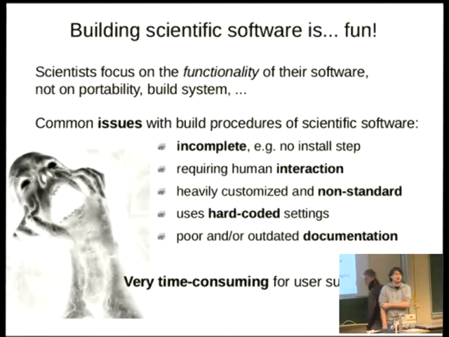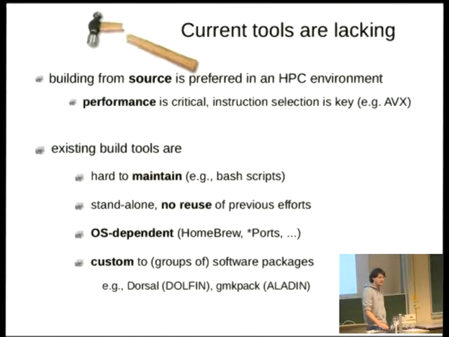So if you want to use environment modules, as we saw earlier, you have to patch it, because you expect these libraries to be found, then you need to use the environment. So it's very time-consuming, also for other HPC teams. And the tools that were available are lacking.